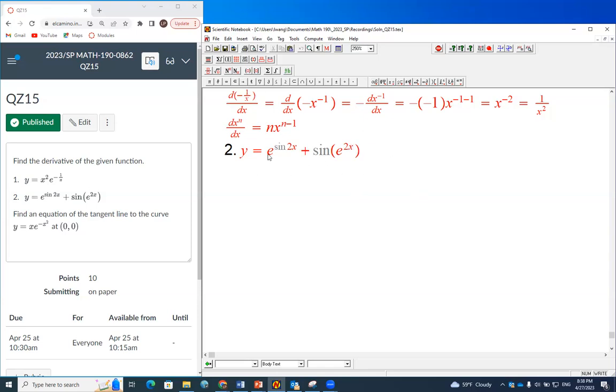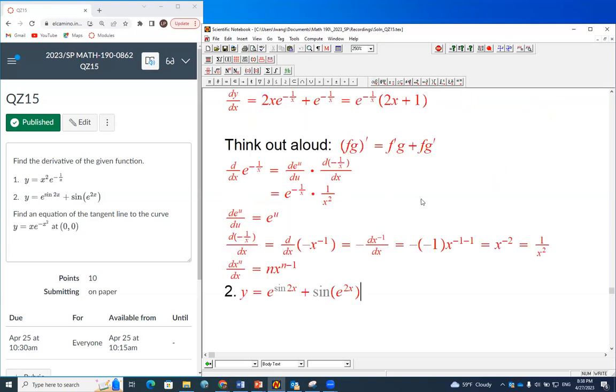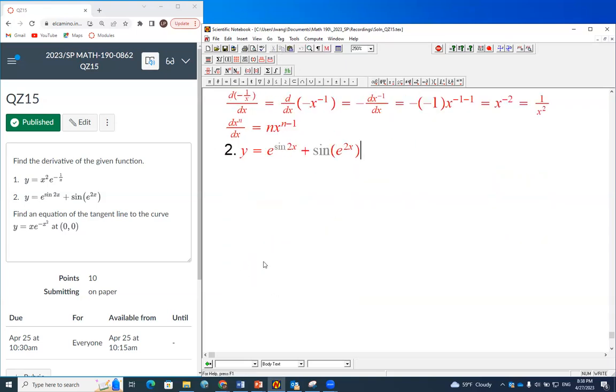So we have a sum of two functions. So we're going to apply the chain rule twice. We're also going to have a think out loud part. That's scratch paper. So we're going to find dy/dx.